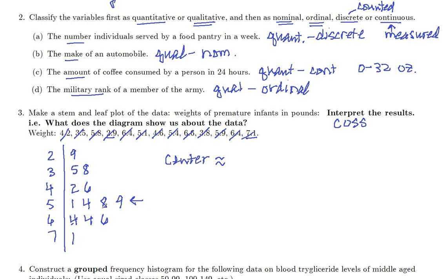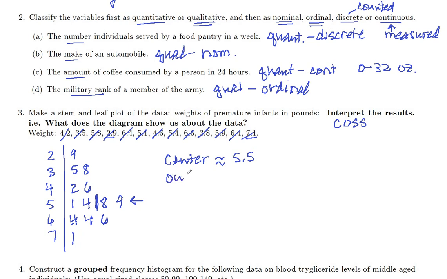So probably in the middle of this row, maybe about 5.5. We would have 1, 2, 3, 4, 5, 6, 7 below, 1, 2, 3, 4, 5, 6 above. So 5.4, 5.5 approximately.